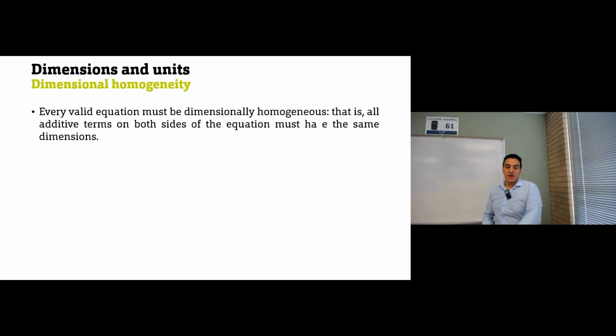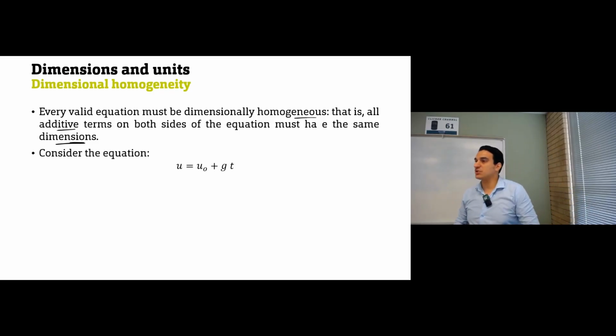Cool. So the other thing that we also need to remind you of is called dimensional homogeneity. Dimensional homogeneity tells you that if you have an equation, this equation should be dimensionally homogeneous. What this means is that any additive term in the equation, on any side of the equation, should have the same dimension. Let me give you an example.